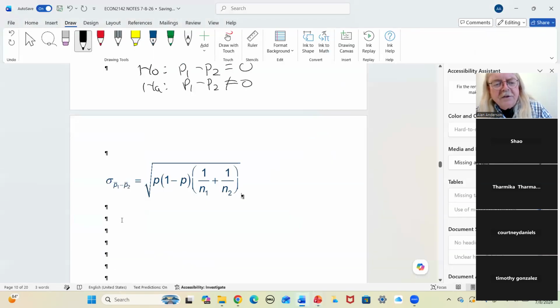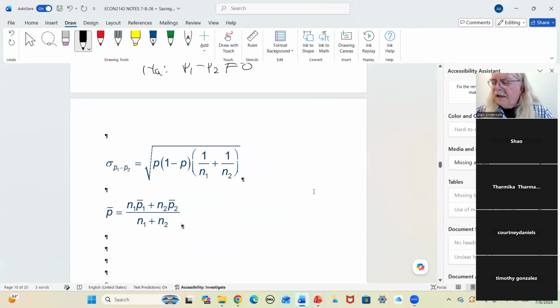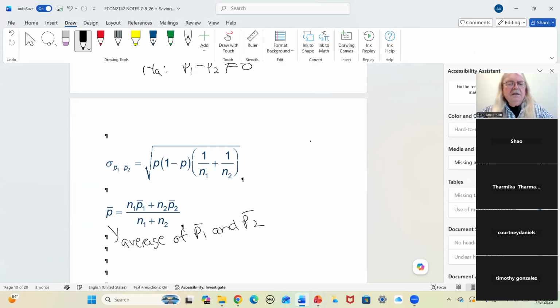And in some cases, you will need this. We'll see how that goes. But it'll pop up for certain cases. So just be aware that P bar is the average of P1 bar and P2 bar. So it's a weighted average of the two because the sample sizes are not necessarily equal.